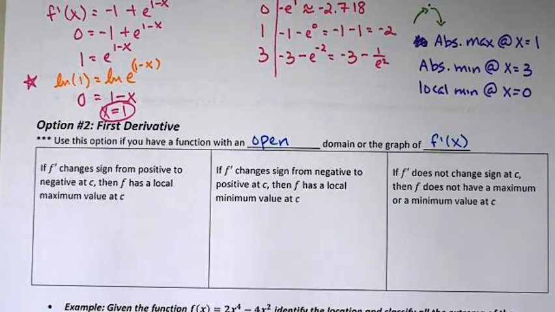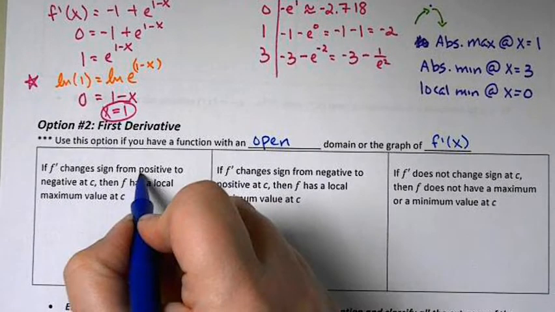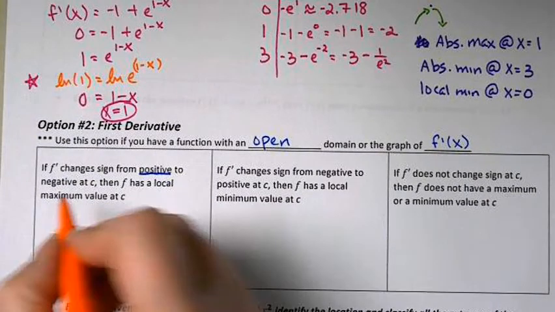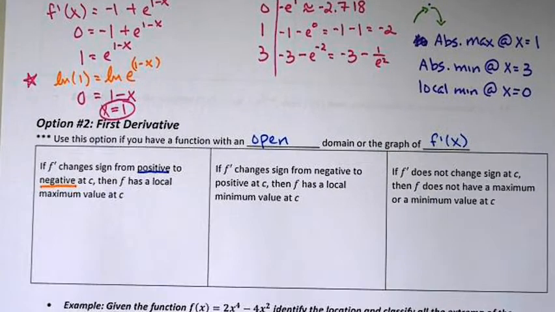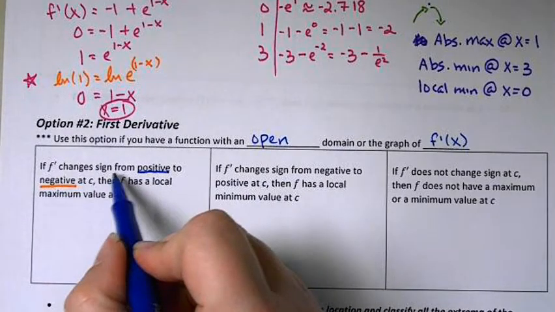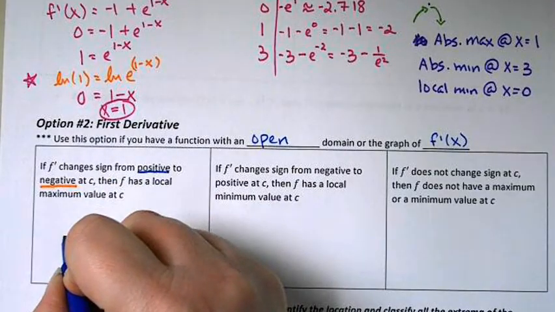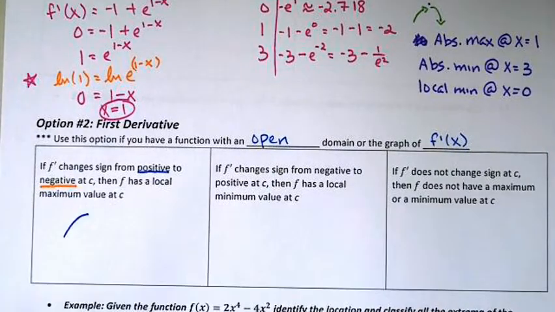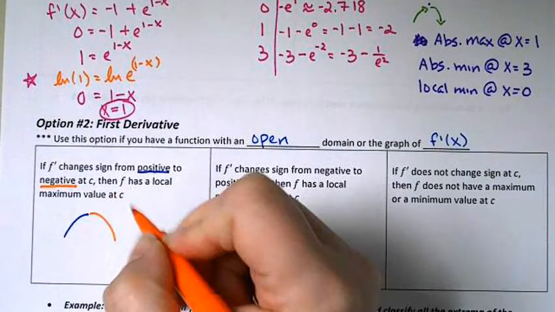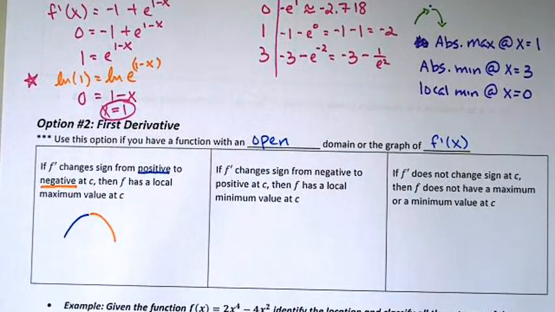All right, so if f prime changes sign from positive to negative at c, then f has a local maximum value at c. So let's think about what this actually means. So f prime changes sign from positive, so that must mean that it was increasing, to negative, which means now it is decreasing at some point c.